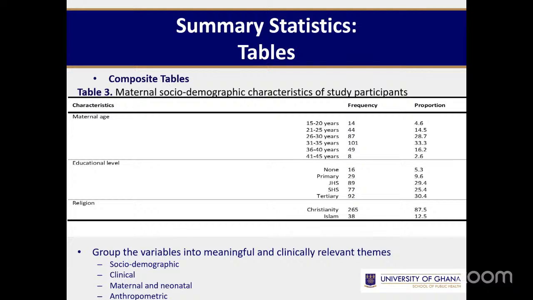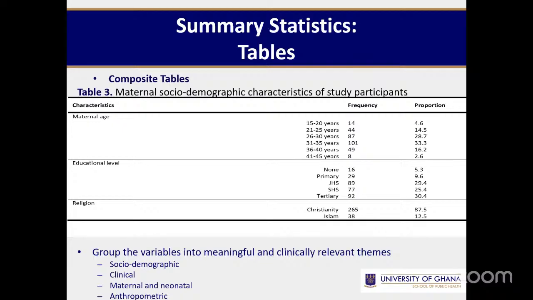The age, the marital status, the religious affiliation, educational level, and others. So when you group all these socio-demographic characteristics together, it tells a story. The important thing is you want to tell a story. You have gone out there to collect data from the field. You want to tell a story, and the story must flow.